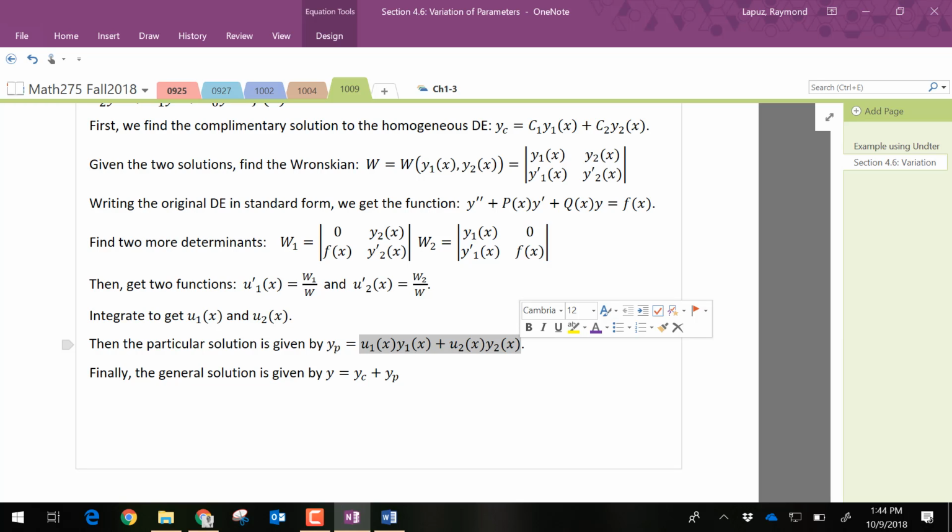When we talk about linear combinations, they're multiplied by constants. But in this case, they're multiplied by functions that we found. The particular solution is going to be the first function, the y1 function that we found, matched up with the u function that we just found.